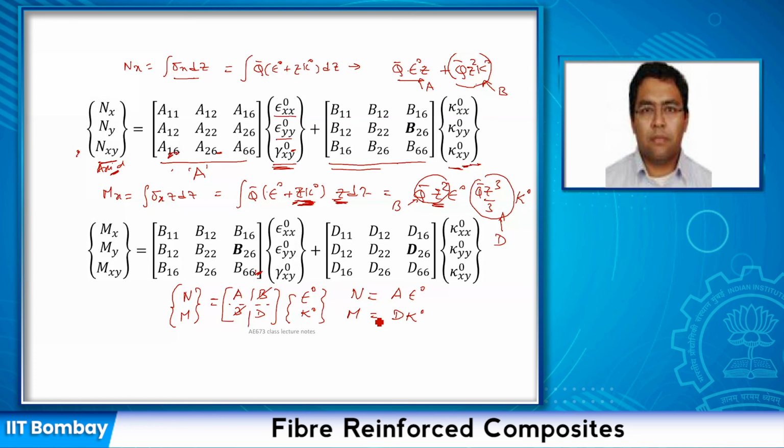Whatever we are doing in this course has real relevance to the final product that you are going to get. I'm not assuming that everybody will go and work in composites, but a few of you who might get an opportunity should keep this in mind: when you are designing structures with composites, it is very important to carry this in your head. What is the layup, what is the laminate, how are these terms affecting the ABBD matrices.